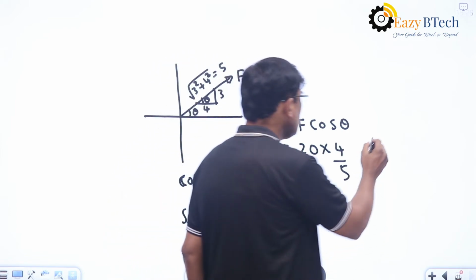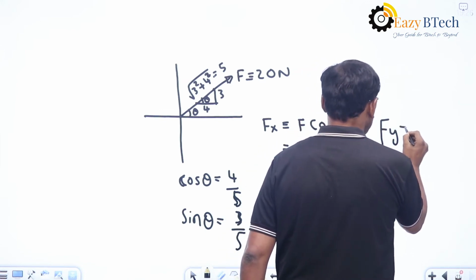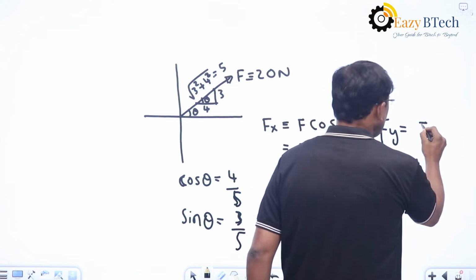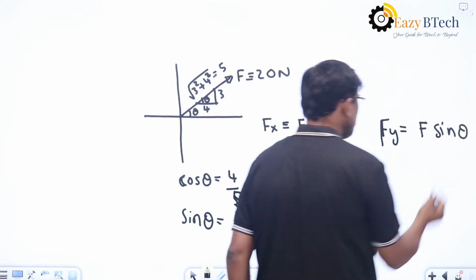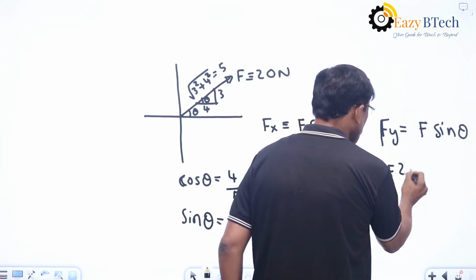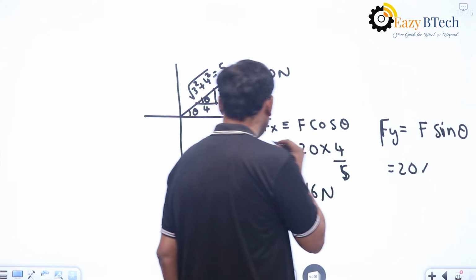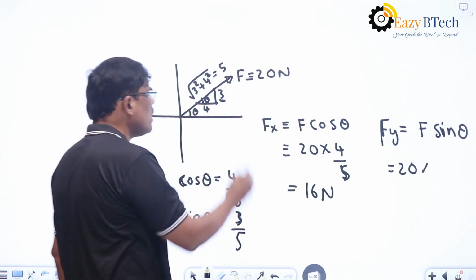Similarly, when we take the Fy value, this becomes F sin theta, and this is equal to 20 into, from this right angle triangle, sin theta is equal to opposite side by hypotenuse.